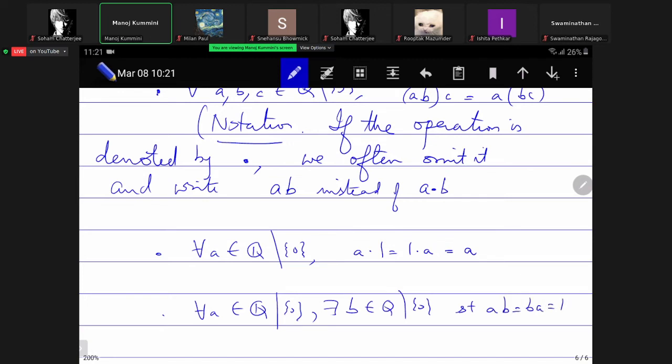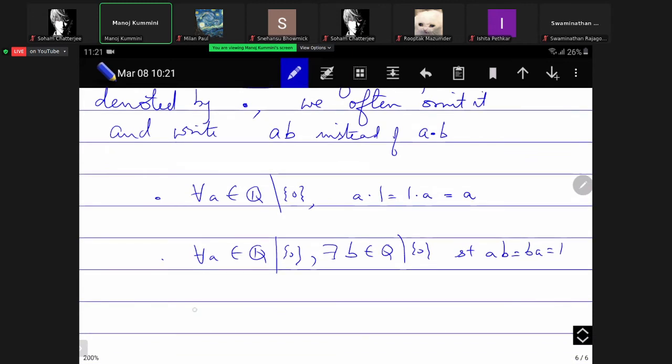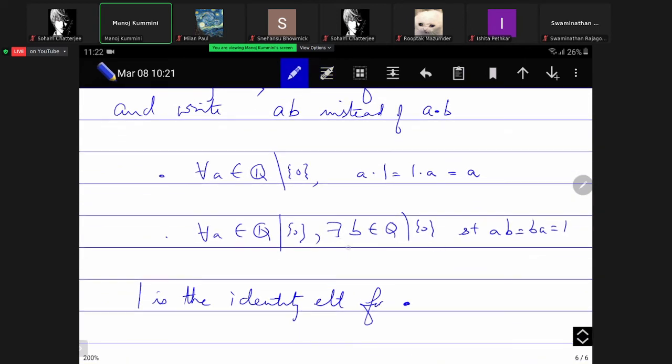Okay. So again, 1 is the identity element for this binary operation. Okay. And this is just reciprocal, the usual.